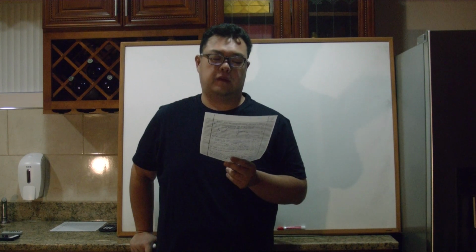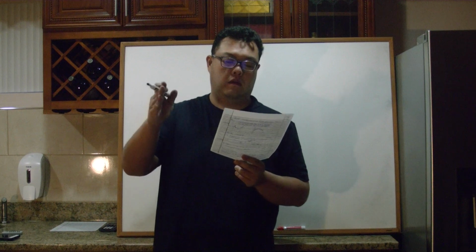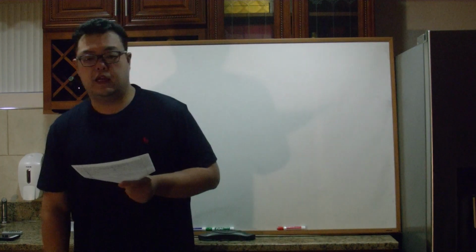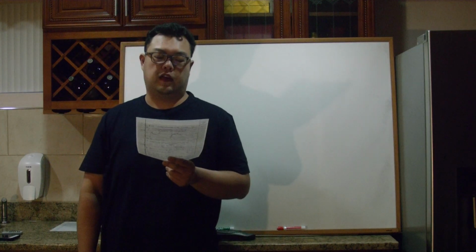If f prime changes from negative to positive, then we get a relative minimum at the critical point. If it doesn't change sign on both sides, meaning both are negative or both are positive, then we have neither a maximum nor a minimum at the critical number.